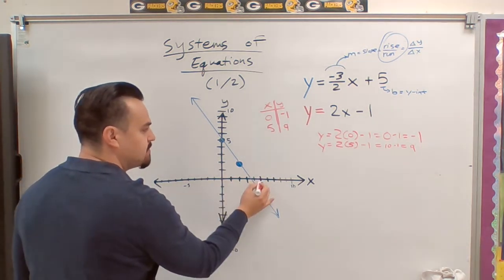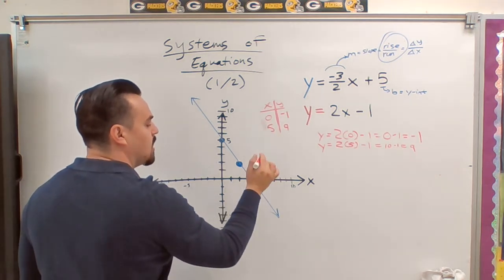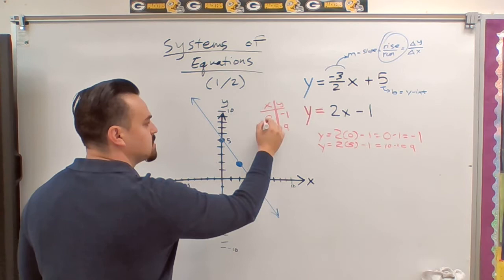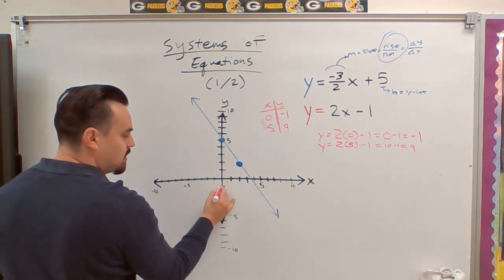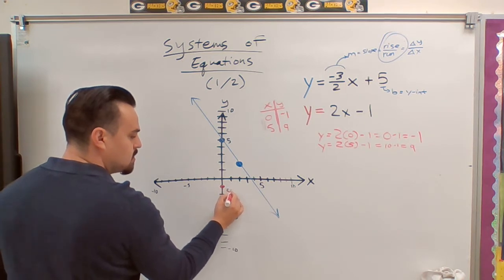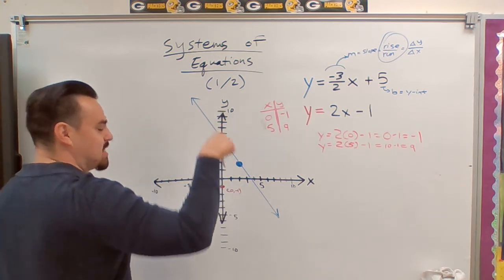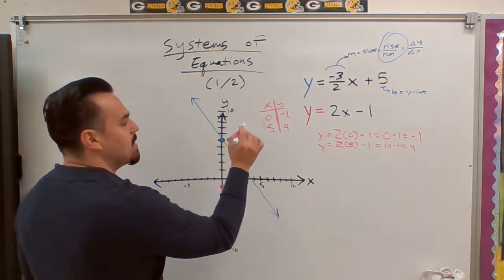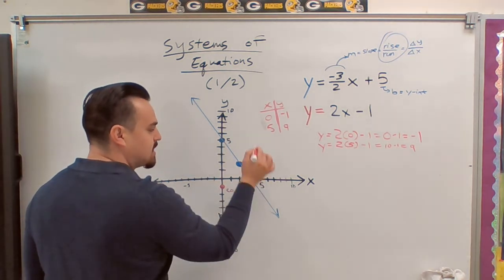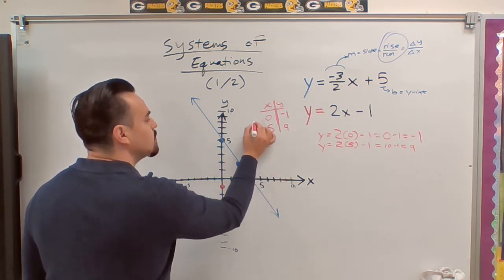So I'll go over 5. Let me write each of these points out. This is 0, -1. The x comes first, then the y. 0 movement left and right, 0 movement on the x, but down 1 on the y. My next point is over 5 for x, and then up 9 for y.